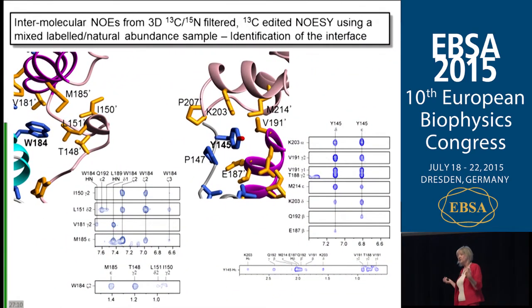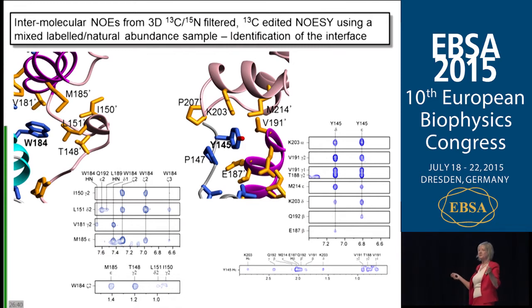We can also be very confident about mapping out the details of an intermolecular interface by NMR. And this you do by taking a sample that is N15, C13 labeled, and a sample that is at natural abundance. You mix it up, and then you carry out an experiment that is called a C13, N15 filtered and then heteronuclear edited NOESY experiment.